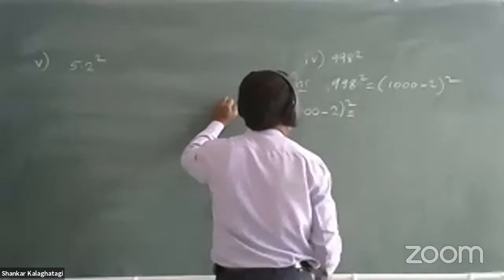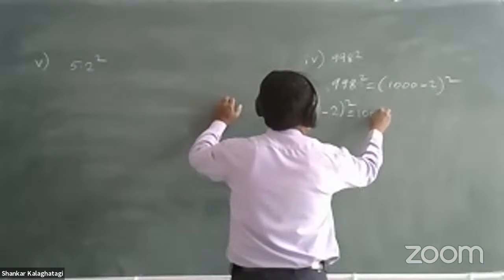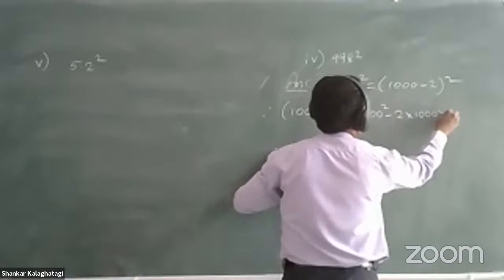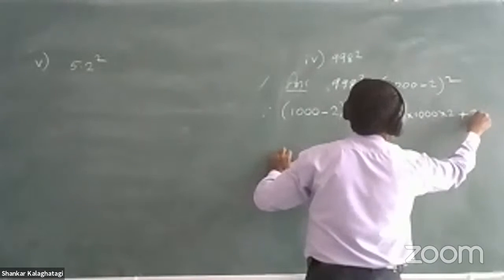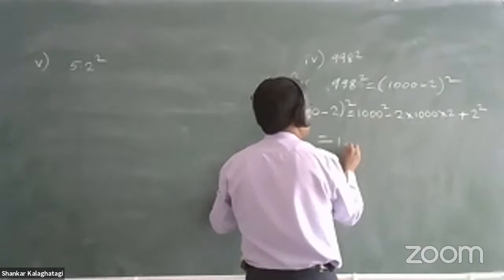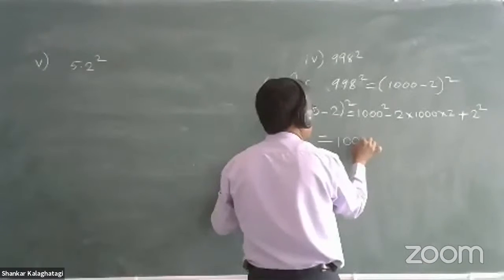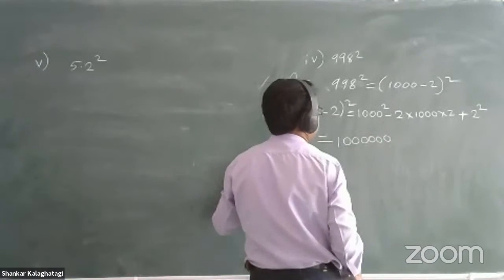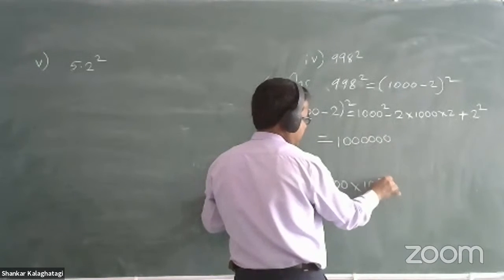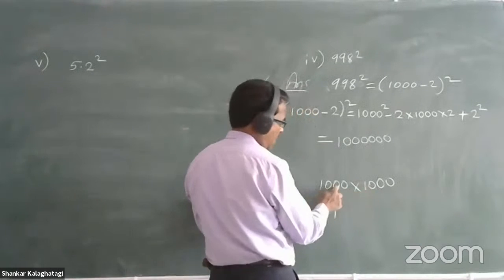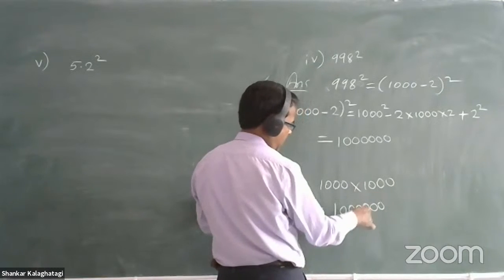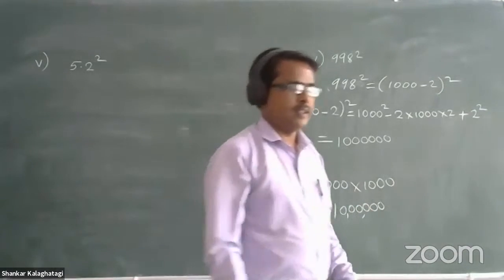I'll write here. First term 1000 square minus 2 times 1000 into 2 plus second term square, 2 square. 1000 square is 1 followed by 6 zeros. 1000 into 1000 is how much? 10 lakh.